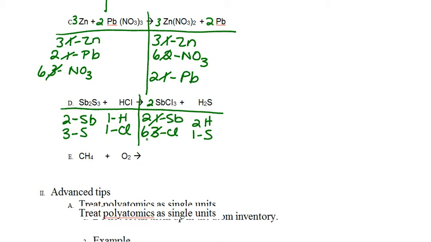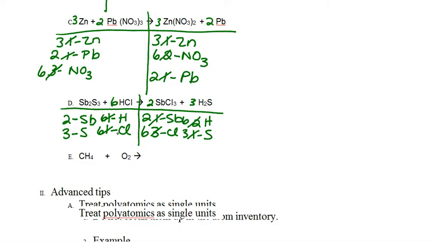And then, if I go back over, I see sulfur has 3 here, and I only have 1 here, so I make this 3, and that makes my hydrogen 6. Going back over to the left, I'm going to have 6 hydrogen and 6 chlorine. That makes that balance, and I'm done, just like that.